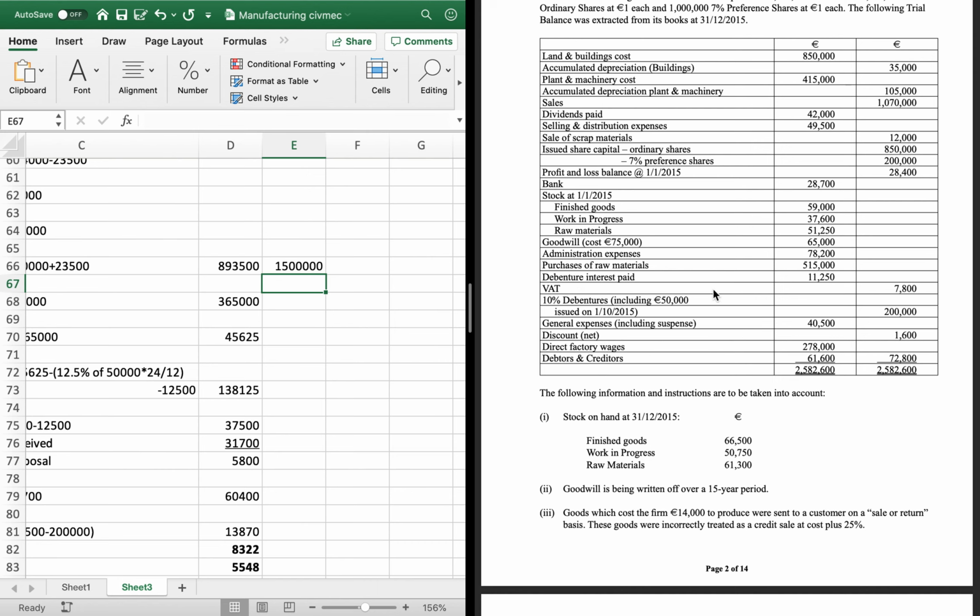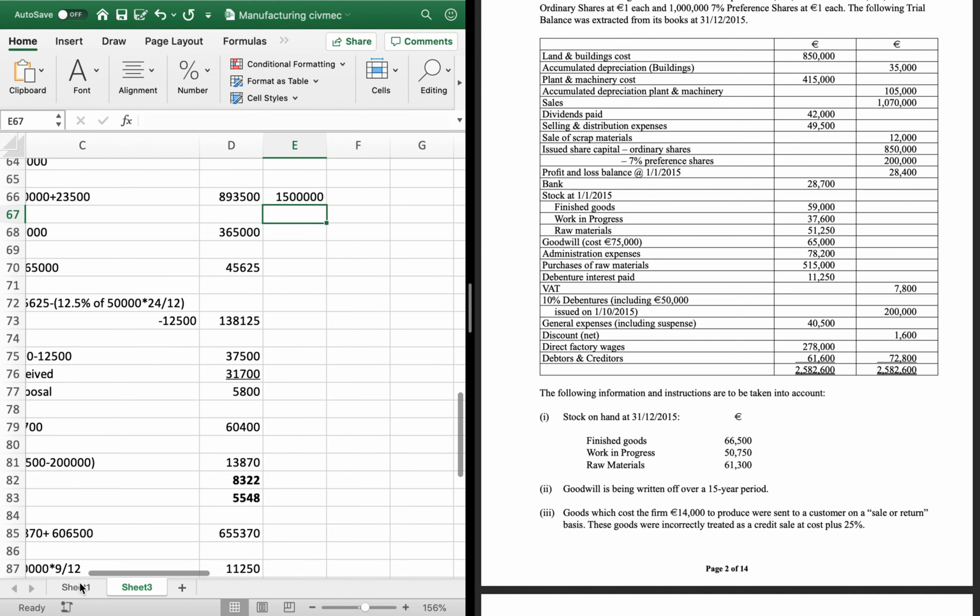That was used to work out debenture interest due. So cross that one out as done. VAT is a credit, so it's a current liability. Debentures is financed by. General expenses we've split up. Discount is other operating income. Okay. Factory wages has changed, and debtors and creditors have changed as well.